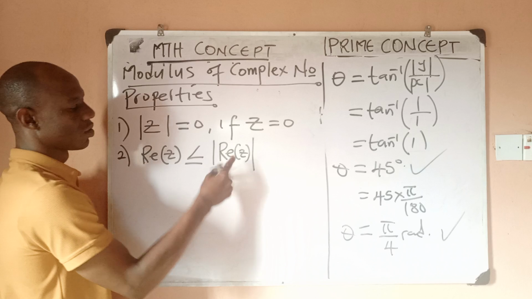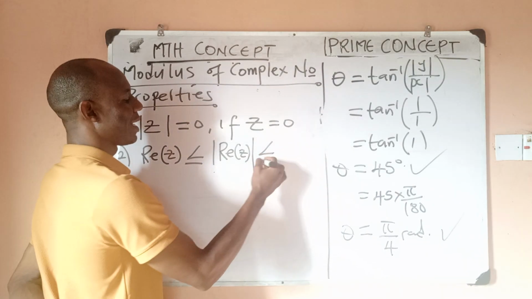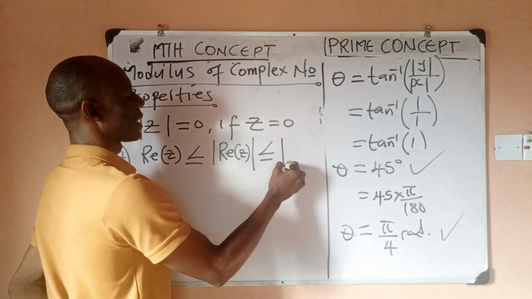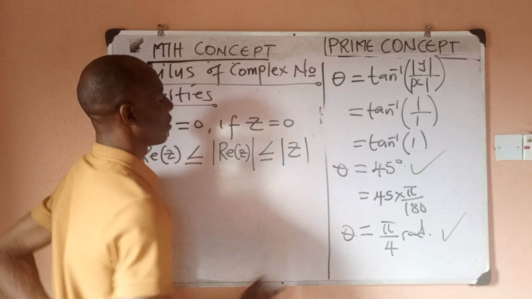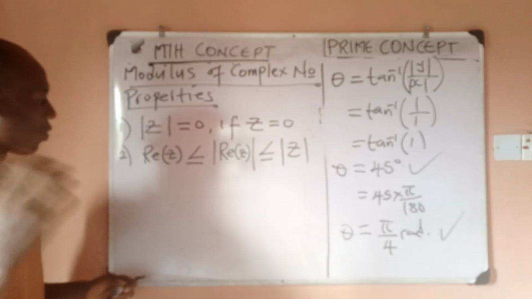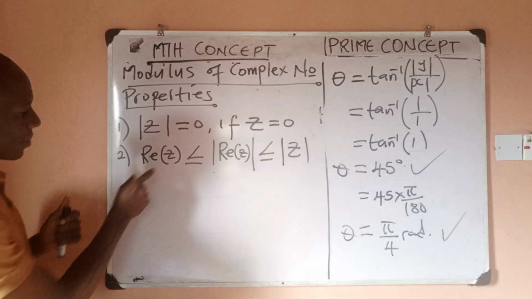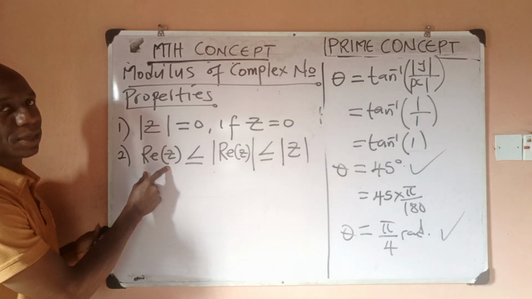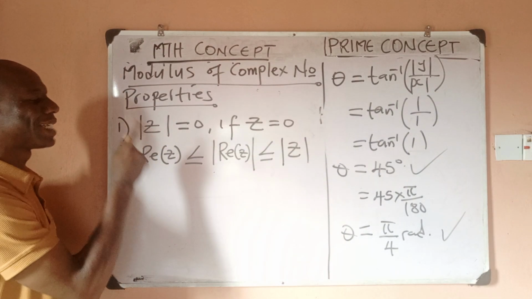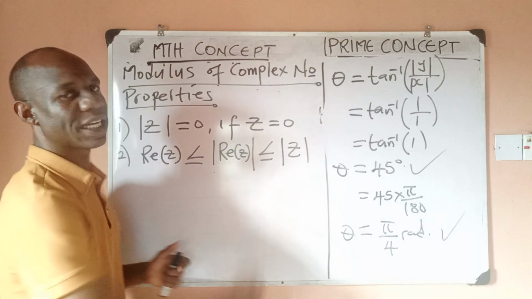And the modulus of that real part is always less than or equal to the magnitude, or modulus, of the complex number itself. So what this is saying is that the real part of a complex number can never be greater than the modulus of that complex number.